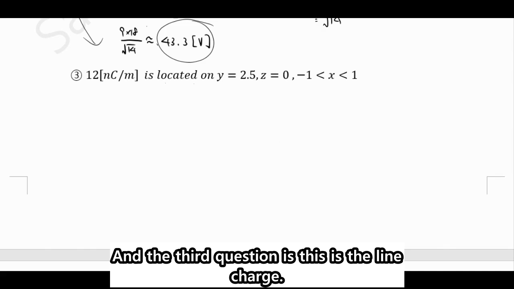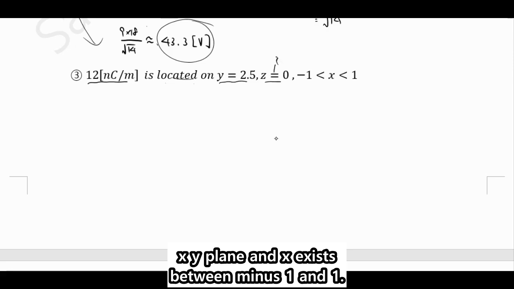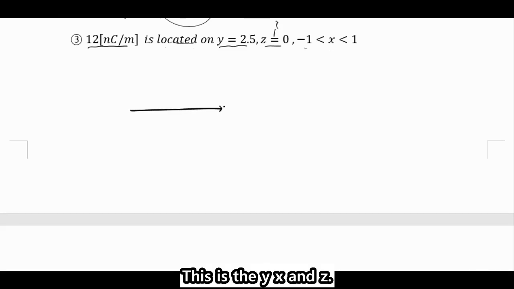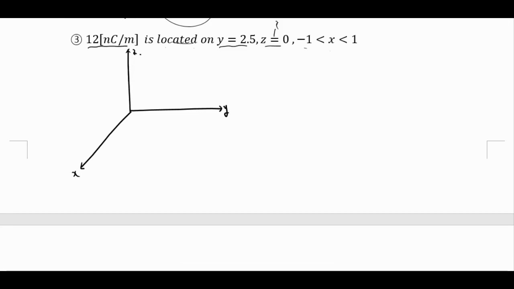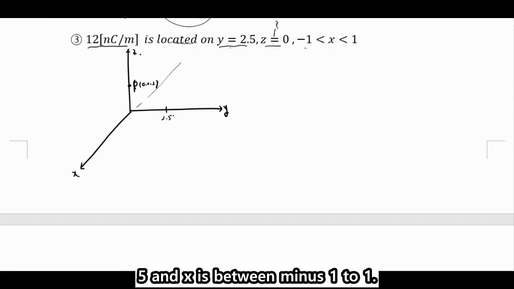And the third question is a line charge. It's located on y equals 0.5, z equals 0, in the xy plane, and x is between minus 1 and 1. This is y, x, and z, and the field is located at 0, 0, 2, and the source is y equals 2.5, and x is between minus 1 and 1.